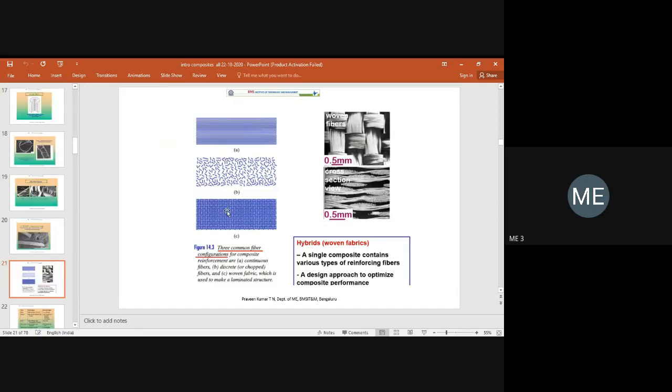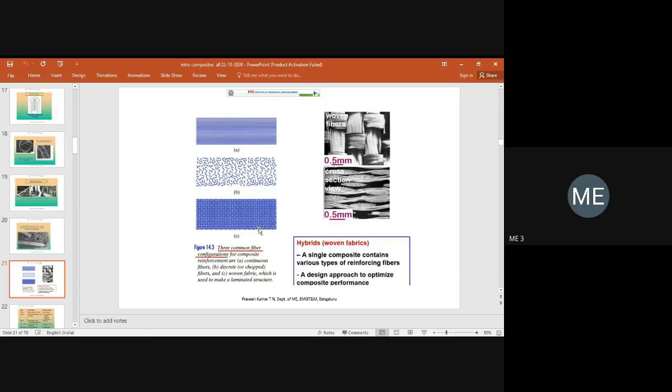Now in this composite material, the fiber may be like our cloth fiber, thread. It may be very long; if it is very long, it is referred to as a fiber. It may be in the form of whiskers; slightly shorter particles are referred to as whiskers.